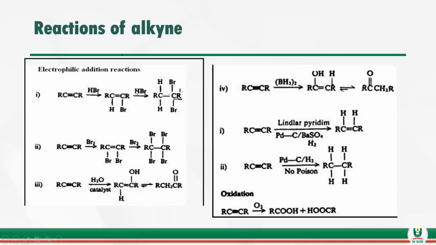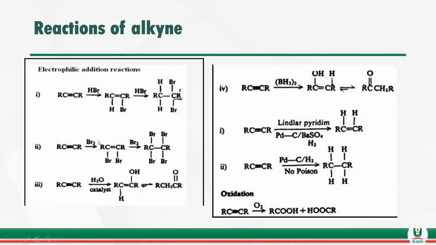Therefore, Markovnikov's rule will apply, such that this hydrogen will come to this position, you have it here, and then the Br will come to this position. Just like alkenes, alkynes also undergo halogenation. You can see it here.